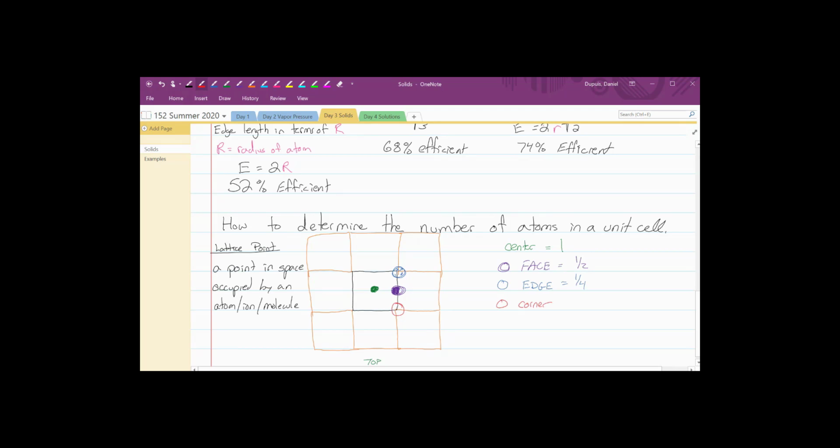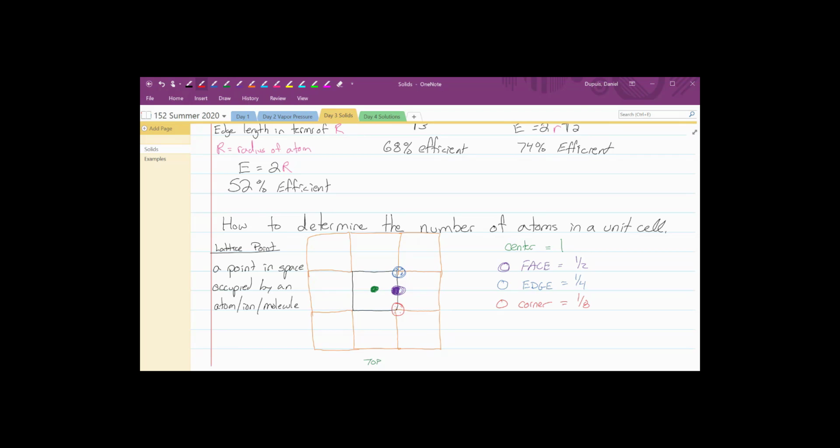So on the corner, whether it's the top corner or the bottom corner, you're in 4 unit cells. Let's say we're on the top corner here, on the right-hand side. We're in these 4 cells, but there's also 4 more cells above. So it's 1/8. It's actually in 8 different cells. That atom is split into eighths. Which, wow.